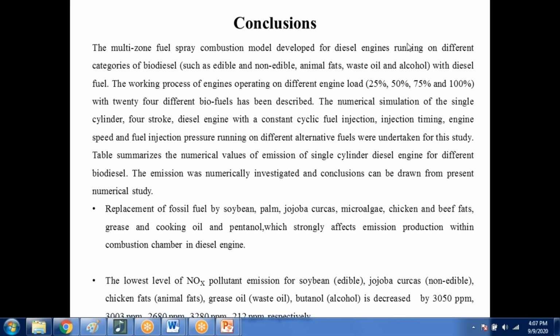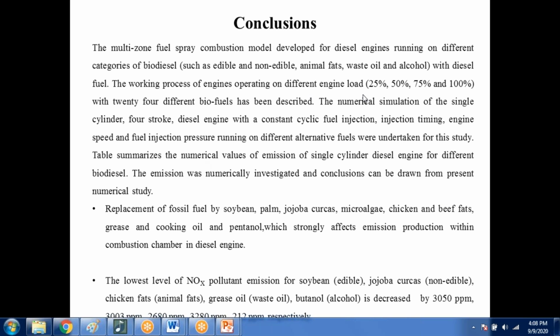Yes, it can be concluded from the emission results that under unvarying operating conditions for minimal pollution, five different categories of biodiesel, that is edible, non-edible, animal fat, waste oil, and alcohol, have been tested for producing power in an IC engine and produce lower NOx, PM, and smoke emission, which we have already discussed in the previous slide, compared to regular diesel fuel.